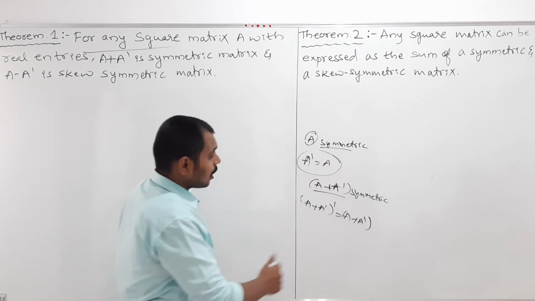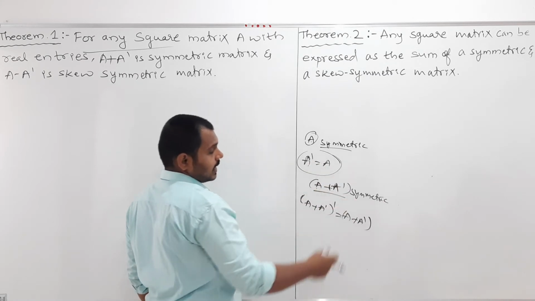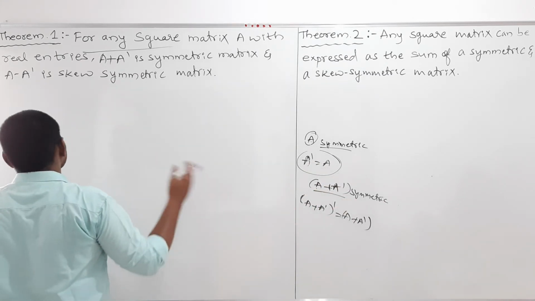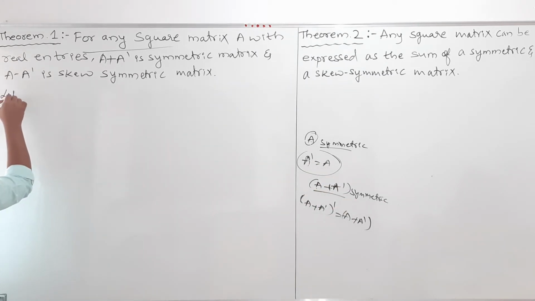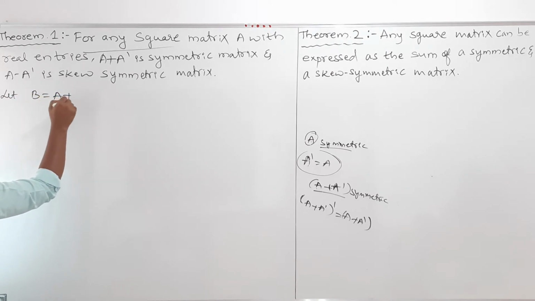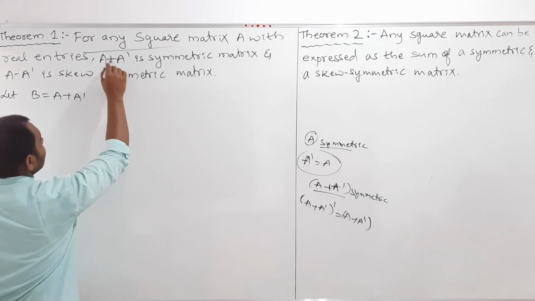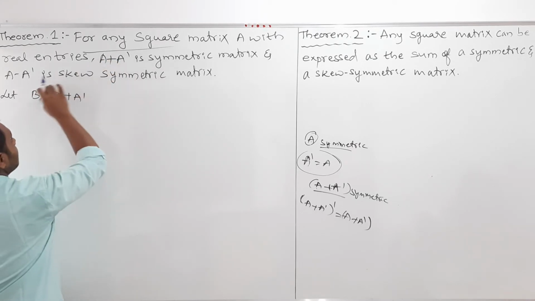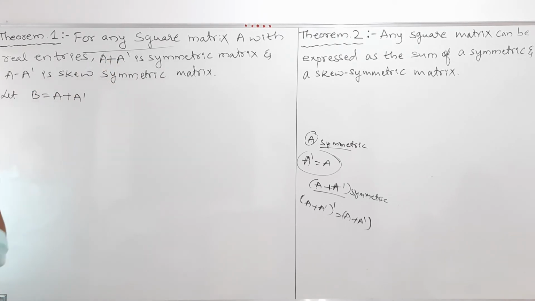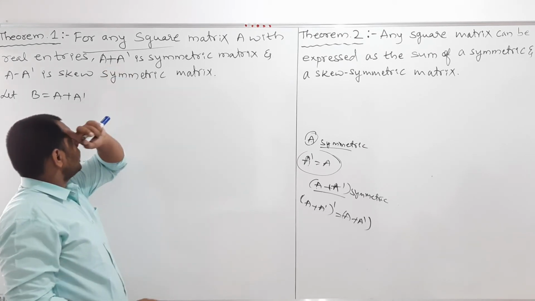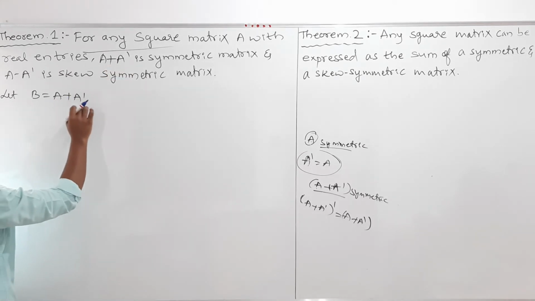So to avoid the confusion of A and A dash, A transpose and all, let B equal A plus A dash. I'll assume this entire value as B. So B equals A plus A transpose.